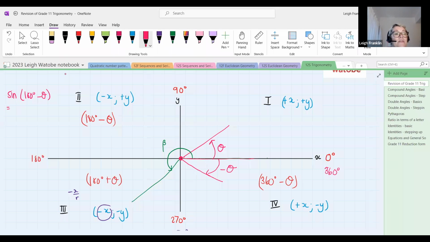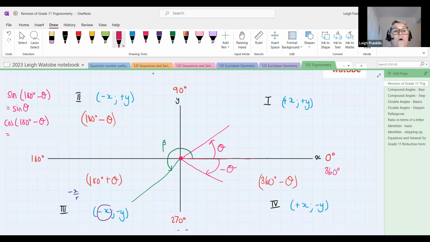So here, this is going to be positive y over r, because our y coordinate is positive in the second quadrant. So this is going to reduce to positive sine theta. If I'm talking about the cos of 180 minus theta, cos theta is x over r.